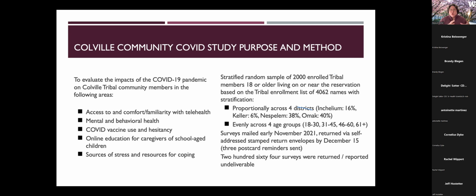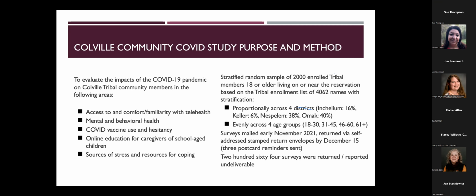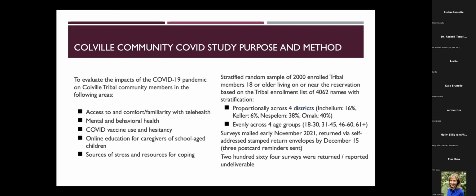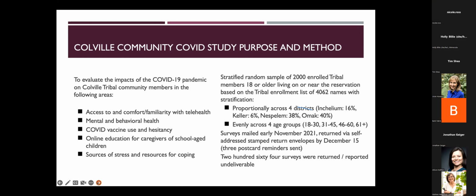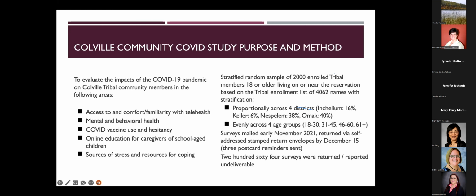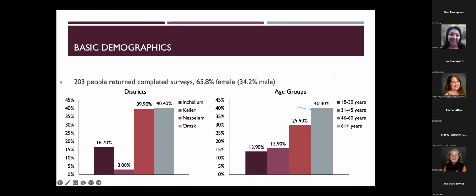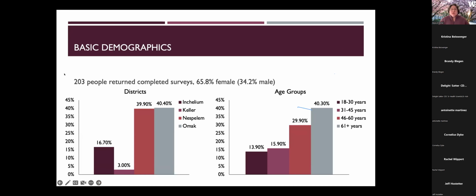These are kind of the 4 major population areas, and we tried to split it across 4 different age groups. And we had about 265 surveys that were returned to us that were undeliverable. And so there was definitely some challenge in terms of getting the surveys out to folks. 203 people returned completed surveys.